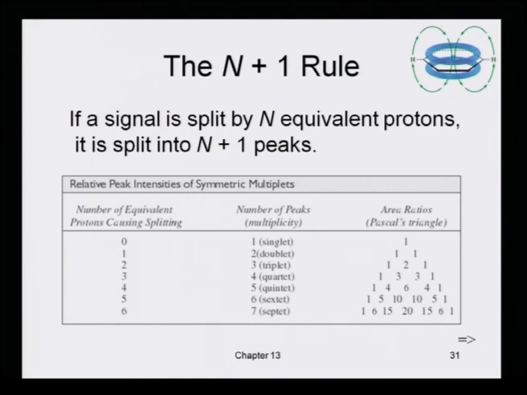So n+1 is the thumb rule. If there are 0 equivalent protons causing splitting, then there is only a singlet. If there is one proton, it will cause a doublet, because n+1. If there are 3 equivalent protons, it will cause a quartet, and so on and so forth.